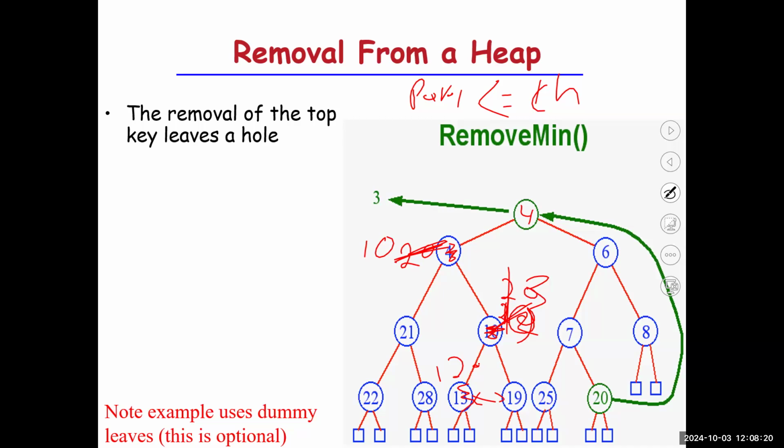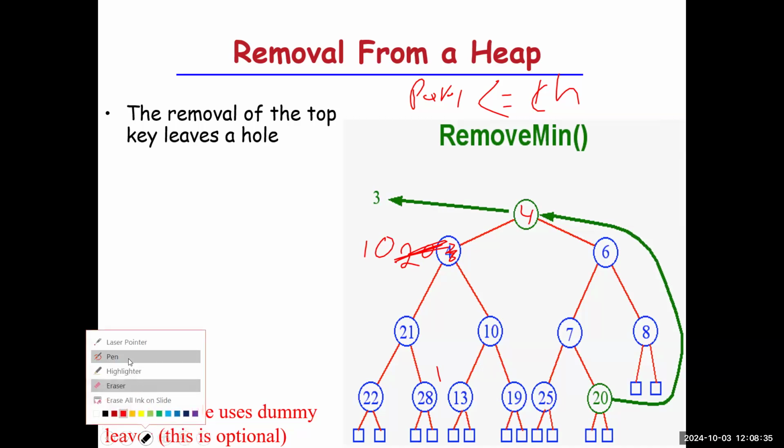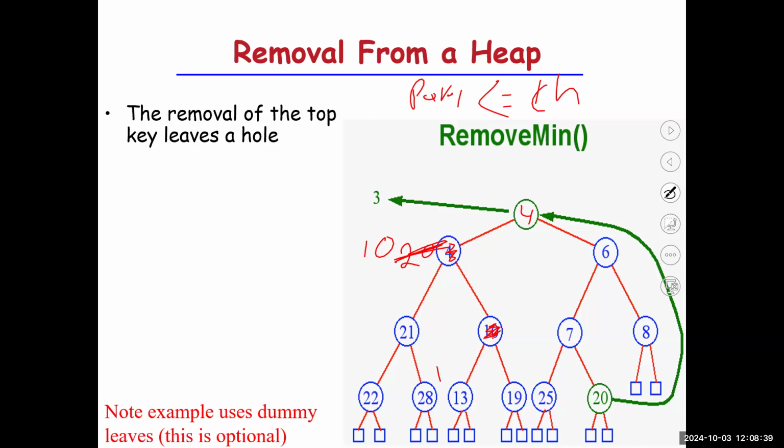Yes. Why, if you replace it with 19, is it not a min heap? You replaced it with 19? Okay, let's see it. Yeah, it was smaller, but you just compare. I have 20 here. I replaced it with 19. And now the 20 is here. Correct?